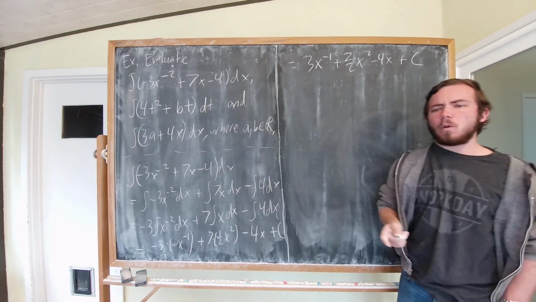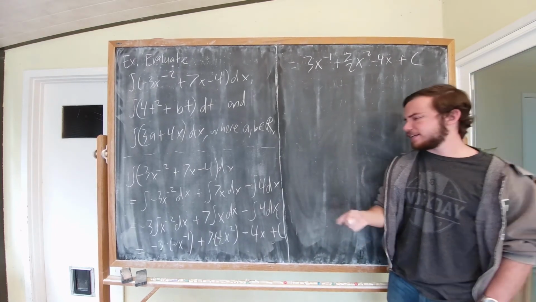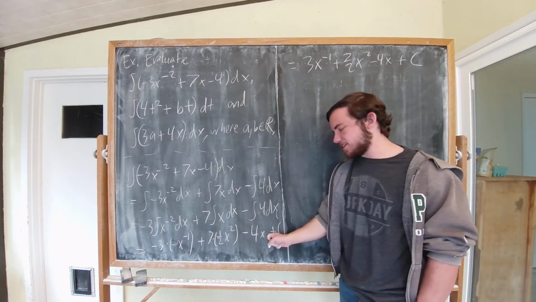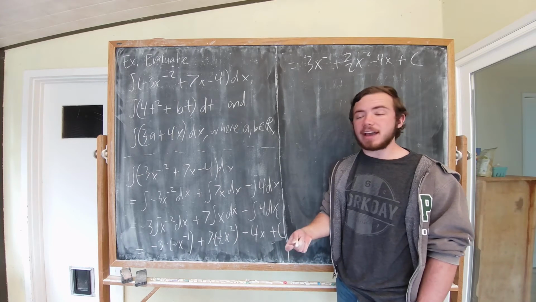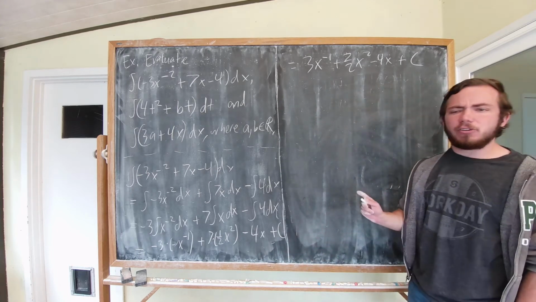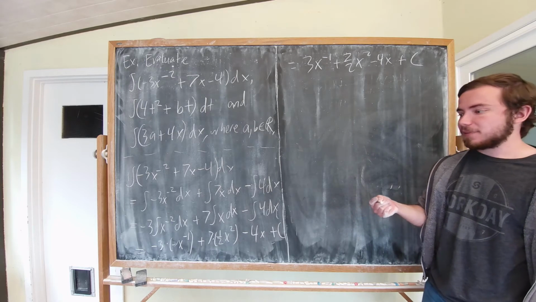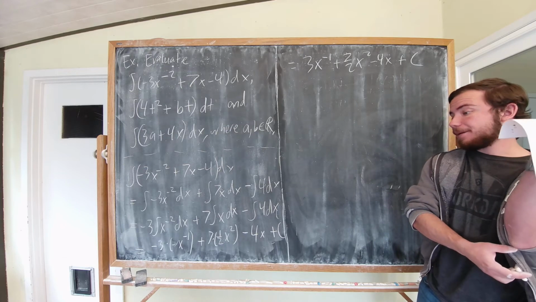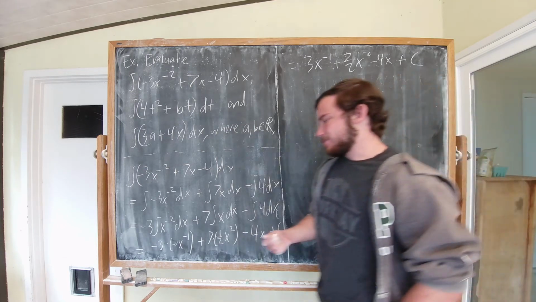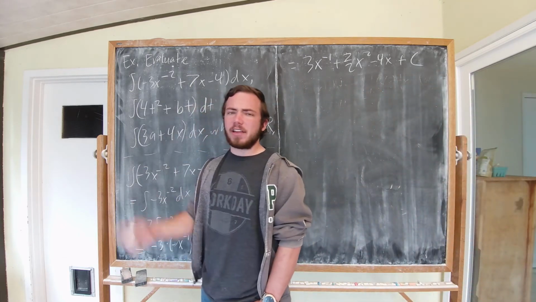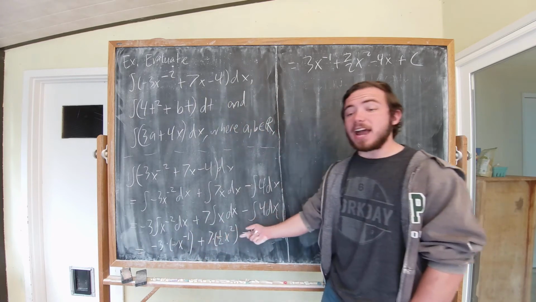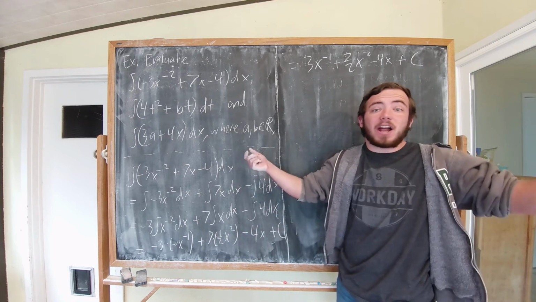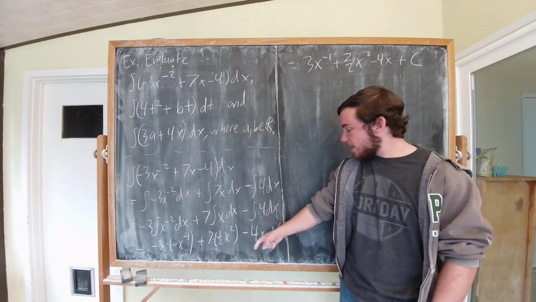You might be asking, why is there only one plus c? Shouldn't I have had a plus c here, and here, and here? Technically, yes. Now, here's why we can get away without writing all of that. It's just a constant, some unknown constant, right? Negative 3 times a constant is just another constant. Add on 7/2 times that constant, add on 7 times that constant, it's still just another unknown constant.